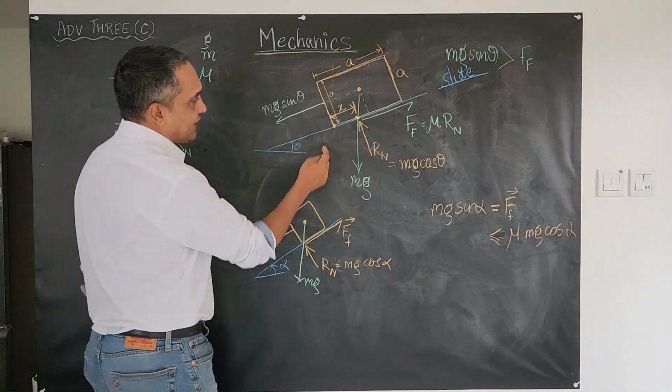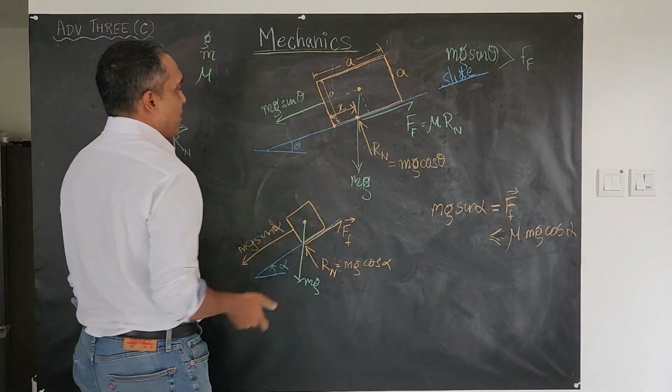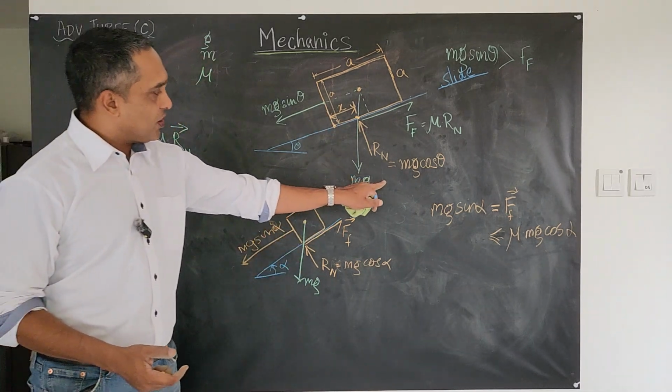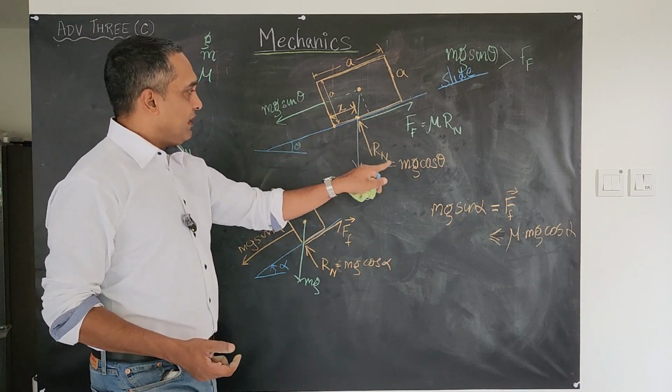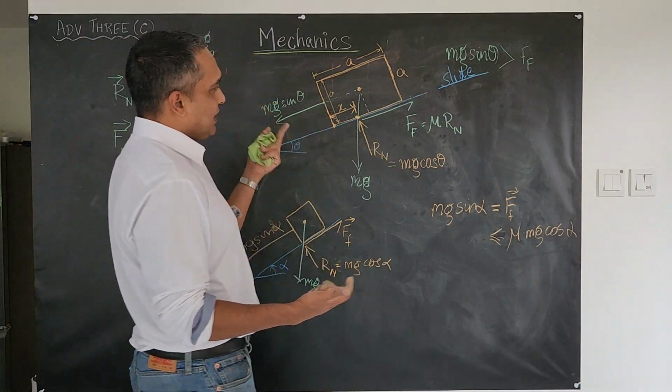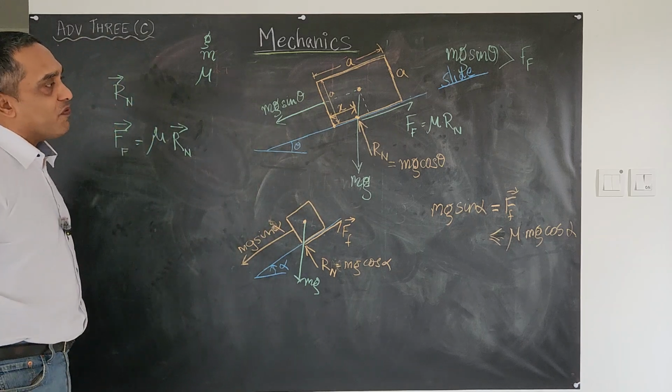You have this force here and this force here, and you would notice that it's quite secure. These forces are much larger, mg is much larger. The effect of the mg cosine theta and sine theta effectively cancel out with mg, and you're fine. It's not going to move, right?